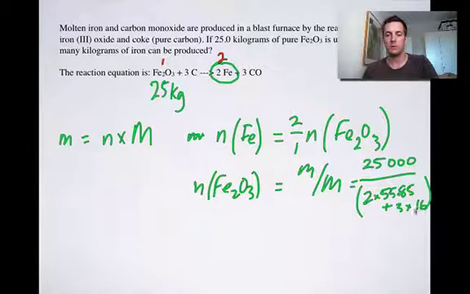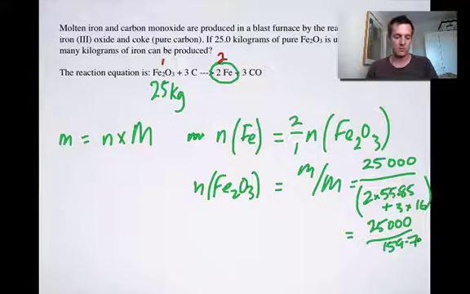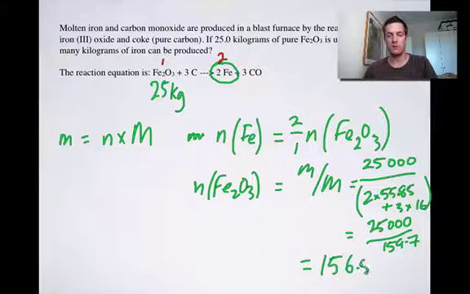Okay, so we'll find the bottom first. That's 2 times 55.85 plus 48. That's 25,000 over 159.7. Okay, 25,000 divided by that equals 156.5 moles.